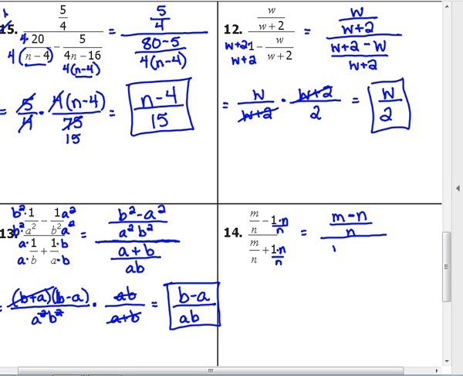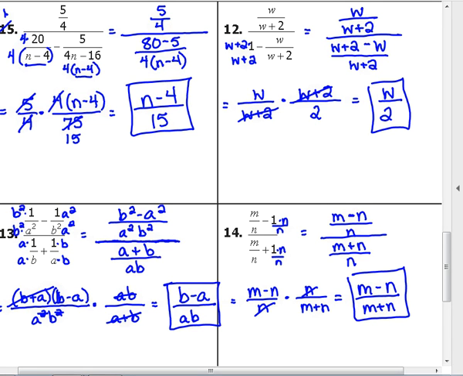So we've got m plus n over n. So here we go, m minus n over n times n over m plus n. So the n's cancel, and that's all we can do with this one. We cannot do anything else with m minus n over m plus n.